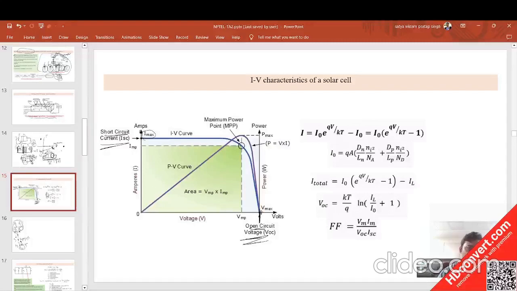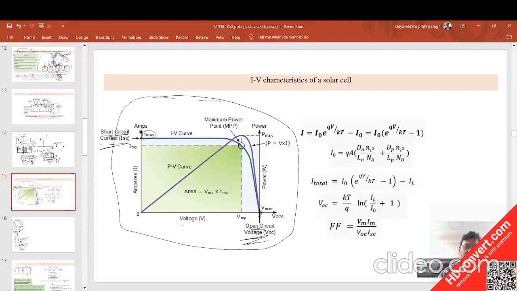Coming to this curve, that is what we get from the minority and majority carriers, the VOC and ISC. At a particular point, there is the maximum power point.